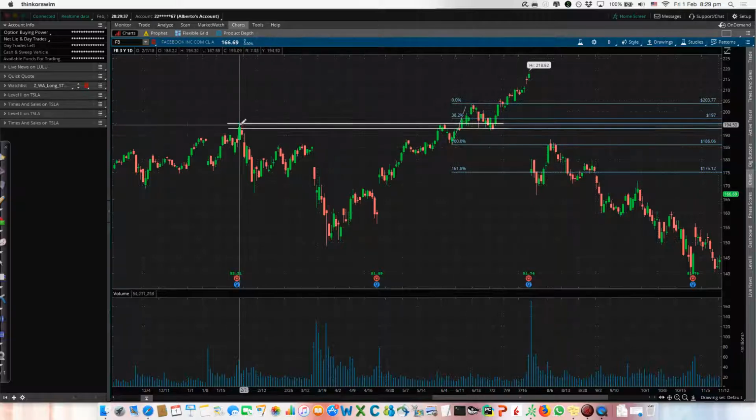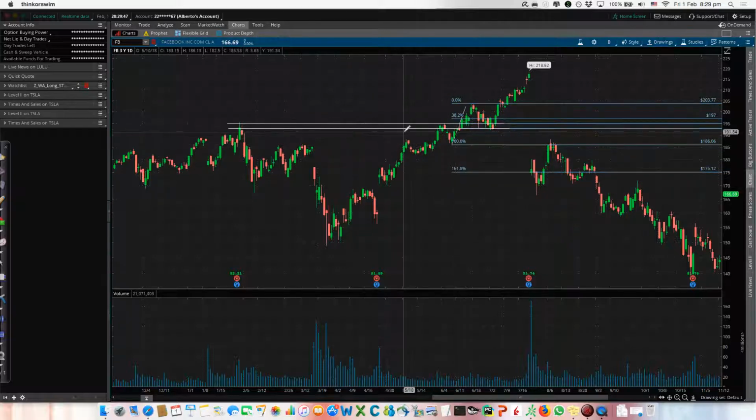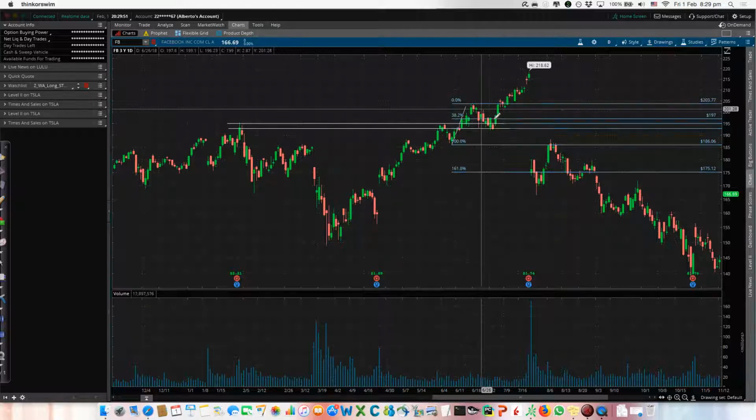This was an area where the price tried to break, but it didn't, and then it went down. Then here again, it tried, and then it failed for a second time. So it was a resistance area, and then the price went up, and then it went down, and then it used it as support.